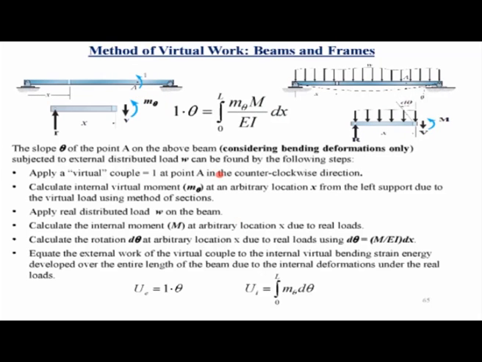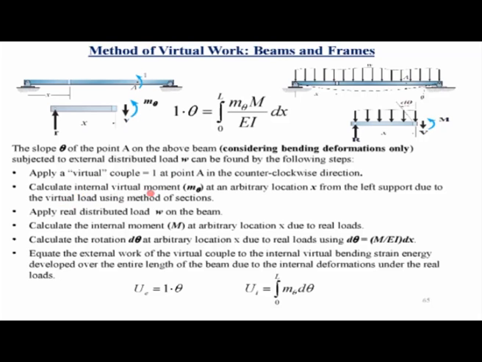Now, in the same manner, if you wanted to calculate the rotation at a point, instead of applying a virtual load, you apply a virtual moment of magnitude unity, and the rest of the steps are the same. So you apply the virtual couple of magnitude unity at that point A where you want to calculate the rotation.